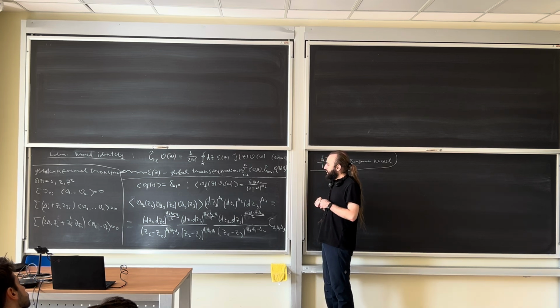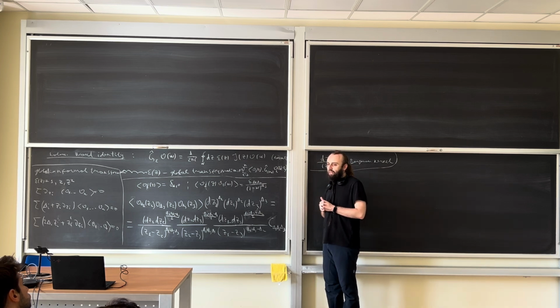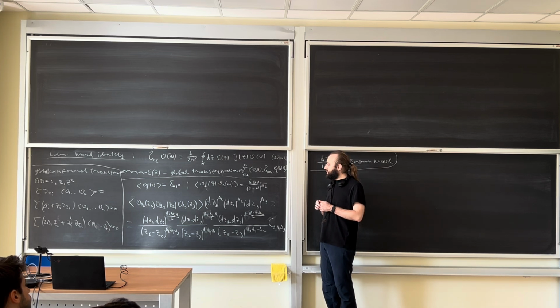In principle, there can be some states which are orthogonal to everything, have zero norm, and so on. But when people study unitary CFT, they usually say that such states are identically equal to zero.